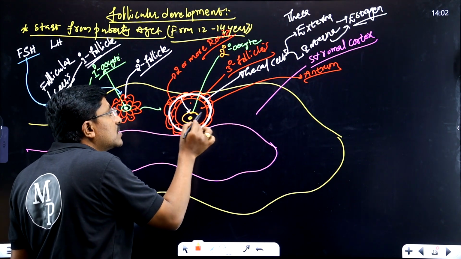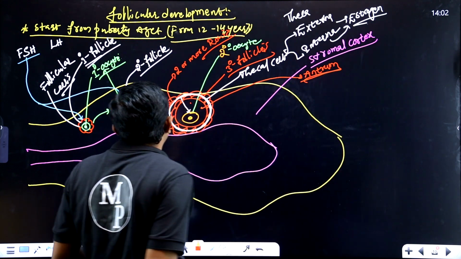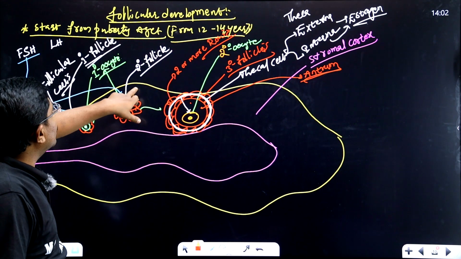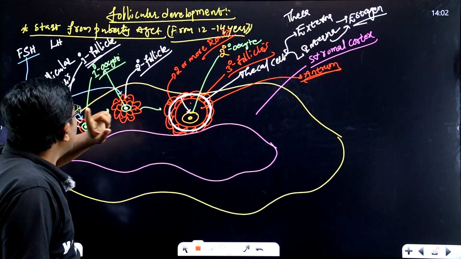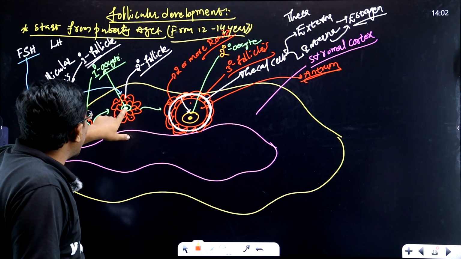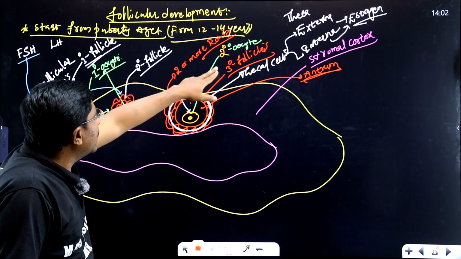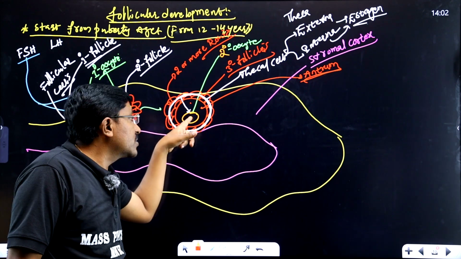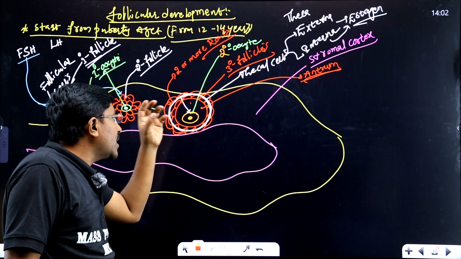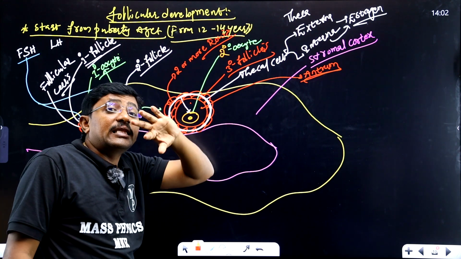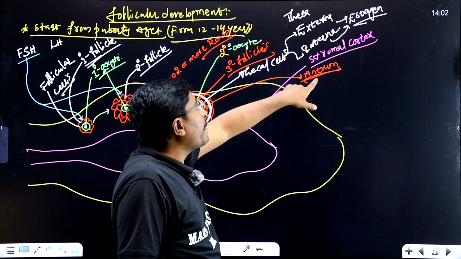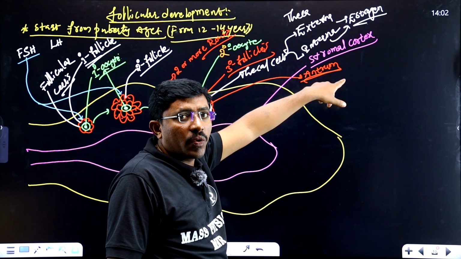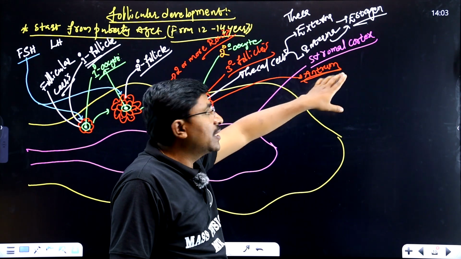The empty space is called antrum. So what is the difference between secondary follicle and tertiary follicle? In secondary follicle, primary oocyte is there. In tertiary follicle, secondary oocyte, and surrounding the secondary oocyte, little space is present. That space is called antrum.